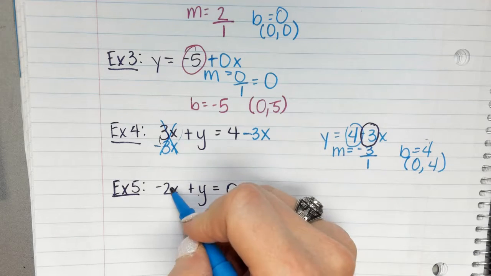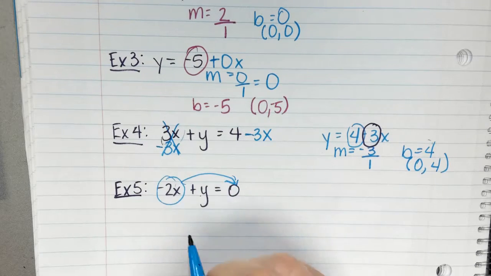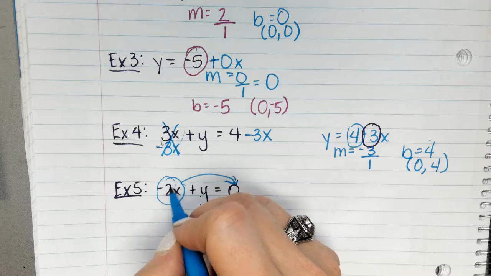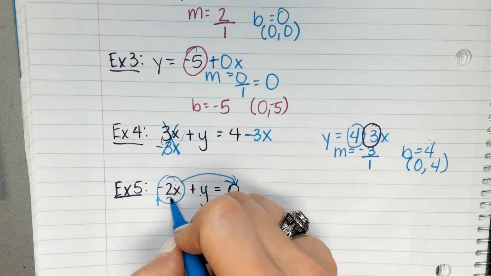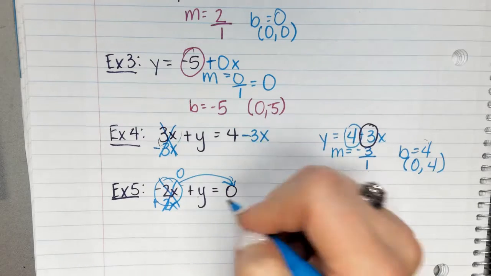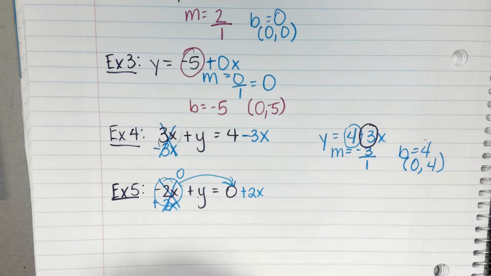So we need to move this -2x to this side. To do that, we have to zero him out over here. So we're going to add 2x, because -2x plus a positive 2x makes 0. So when we add 2x over here, we add 2x over here.